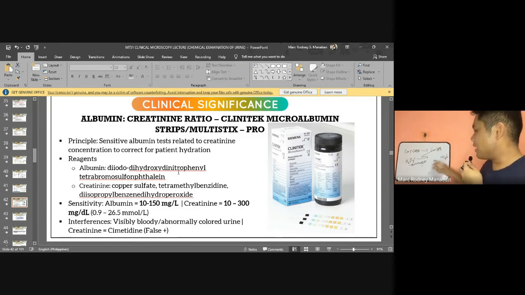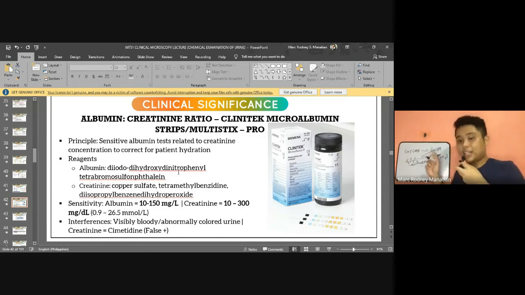And the oxygen that is lost goes to the chromogen. That's why you have an oxidized chromogen, and this oxidized chromogen will now produce the color that we see. So therefore, the increased color means increased creatinine. That's the principle.